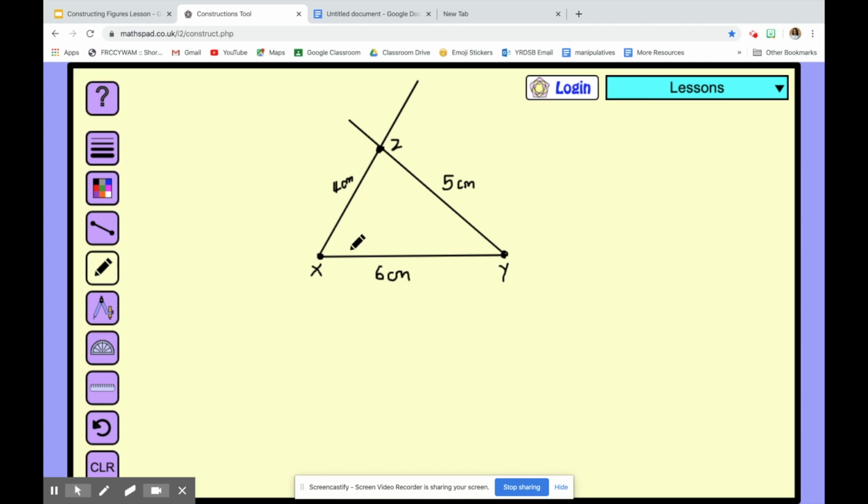So we have the sides. We know our angles. We can even write our angles. So angle X was 50 degrees. Angle Y was 40 degrees.